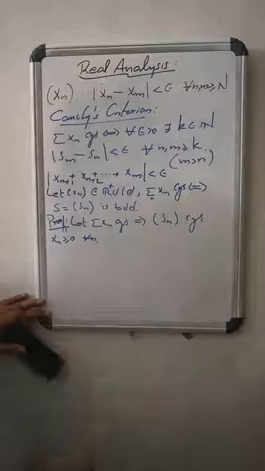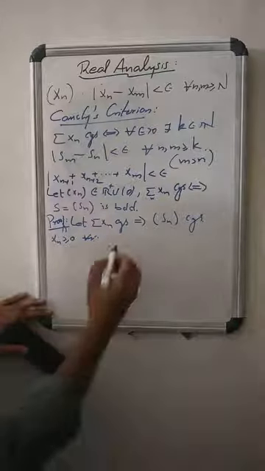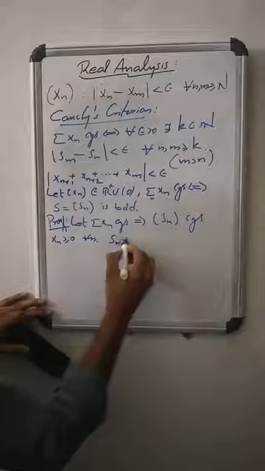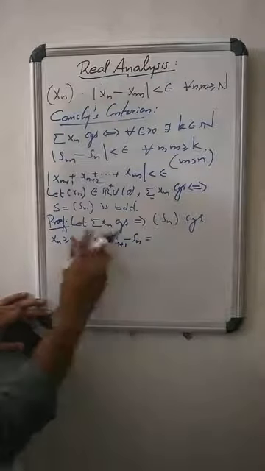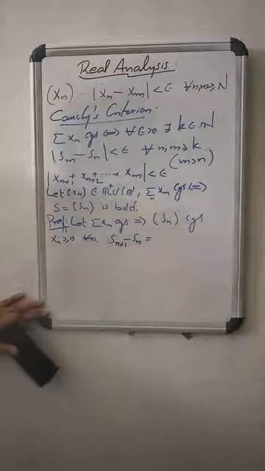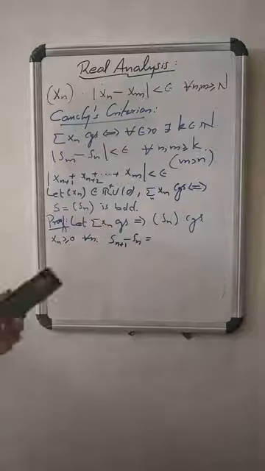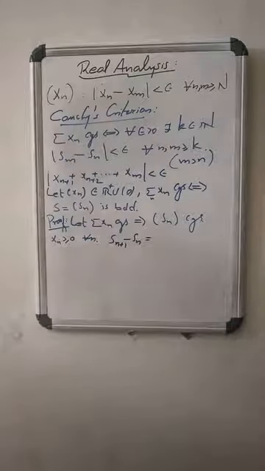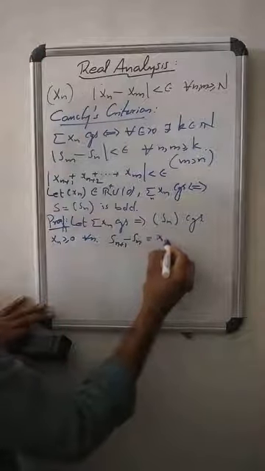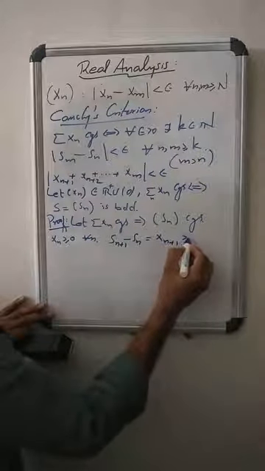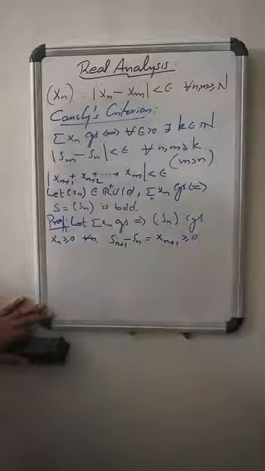Xn greater than or equal to 0 means what is Sn plus 1 minus Sn? Sn plus 1 is the sum of the first n plus 1 terms, the n plus 1 partial sum, and Sn is the nth partial sum. So Sn plus 1 minus Sn is xn plus 1, which is always greater than or equal to 0.